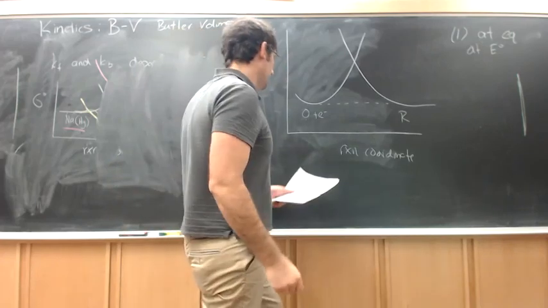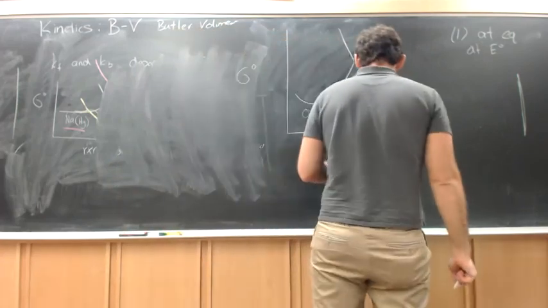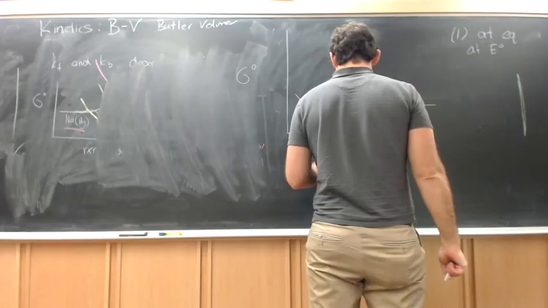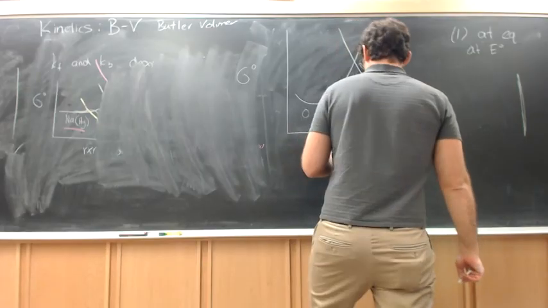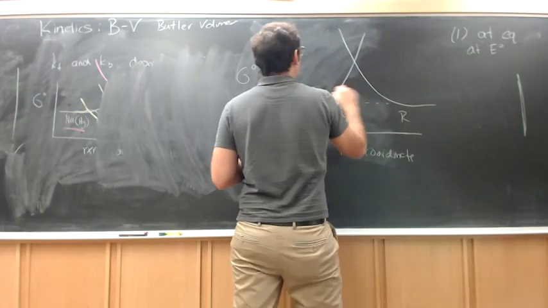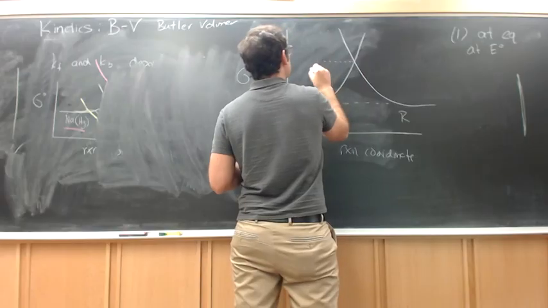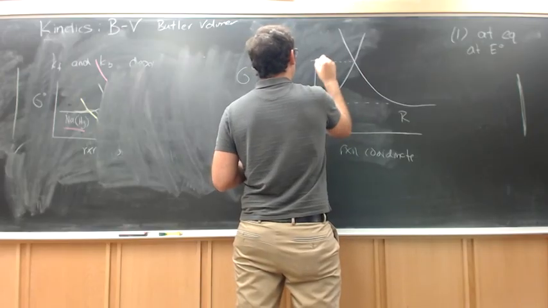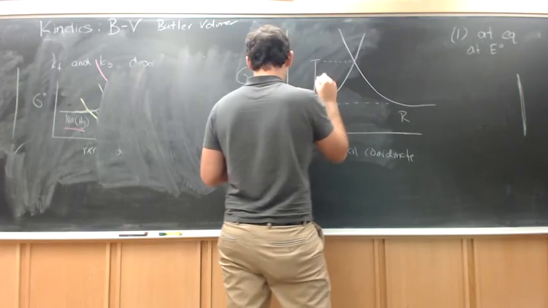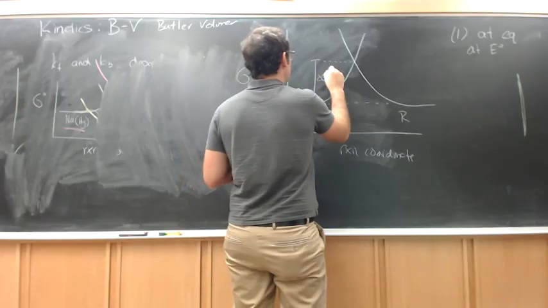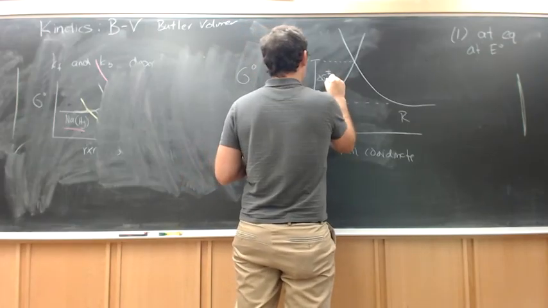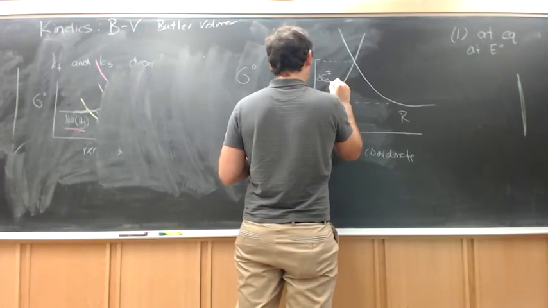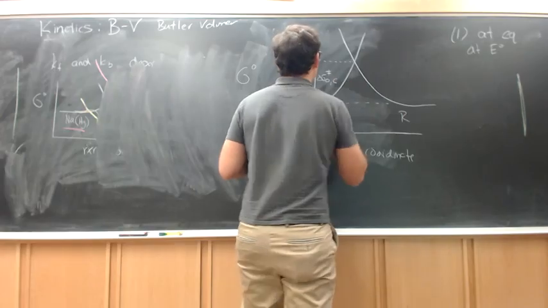And then I can define some things like delta G double dagger. Let's see here. I can define this parameter here as delta G naught double dagger for the cathodic process.